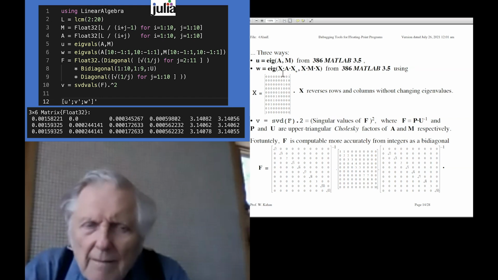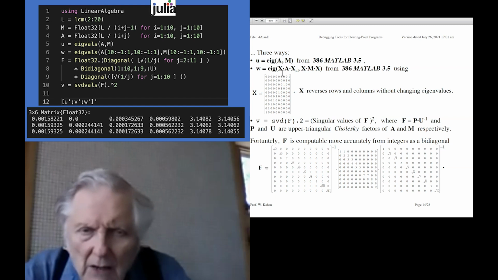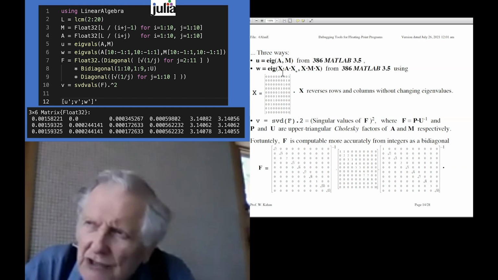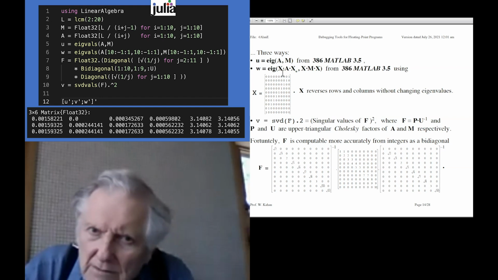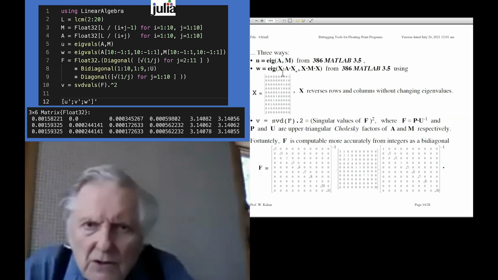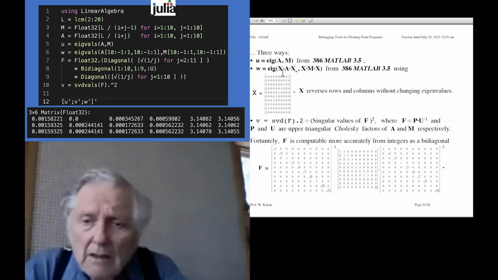And then what we'll do is reverse the rows and columns. Now, it turns out that reversing the rows and columns should not change the eigenvalues. And then we'll just reverse the elements of the eigenvectors. So that means we have 2 different ways to do the computation.